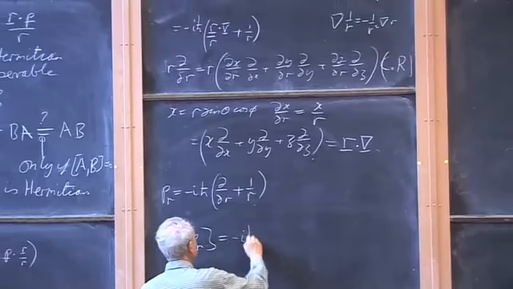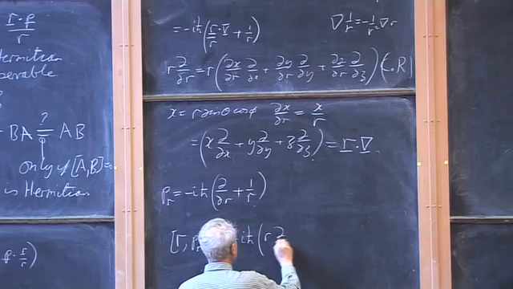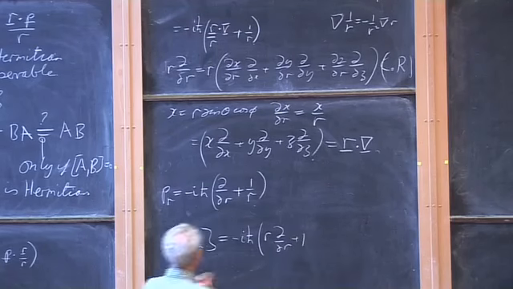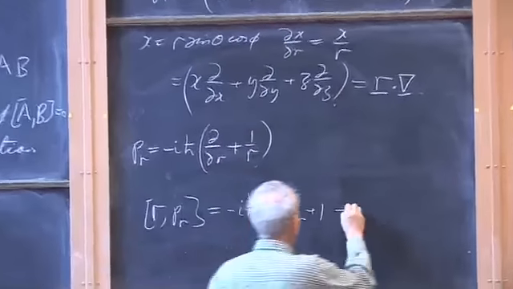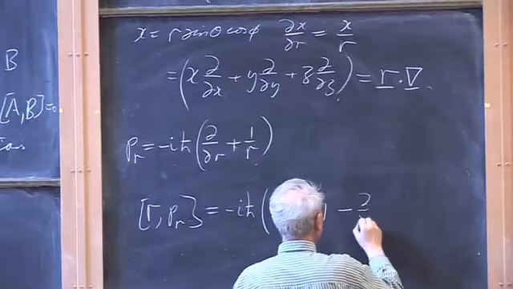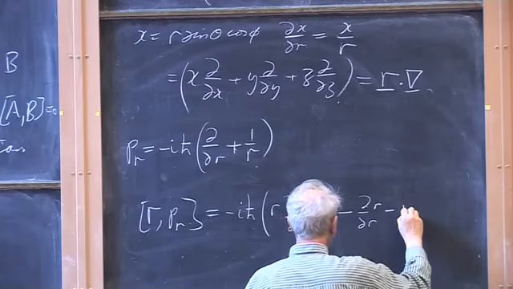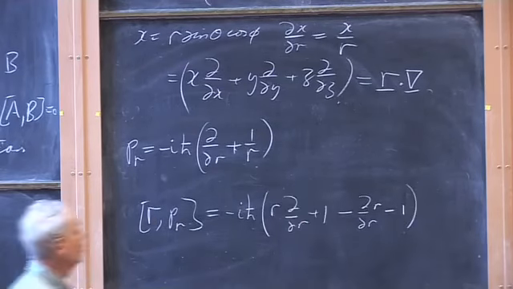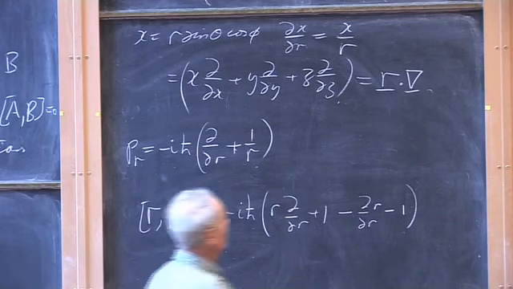That is minus i h bar of r times (d by dr plus 1 over r) acting, minus (d by dr plus 1 over r) acting on r.